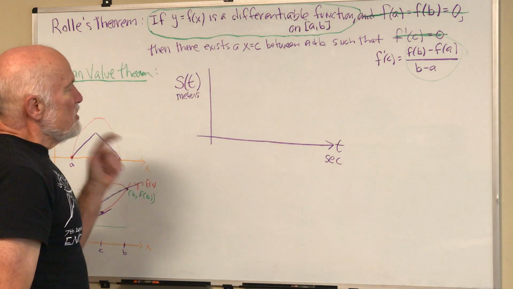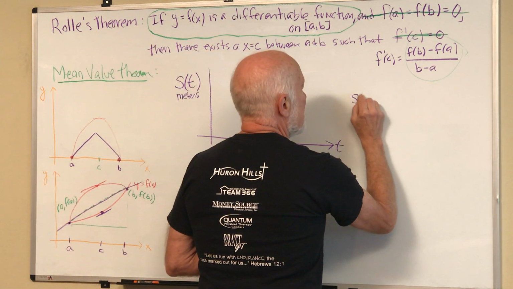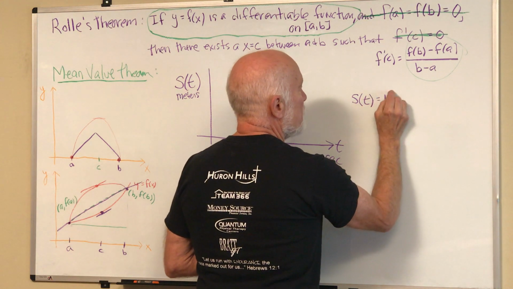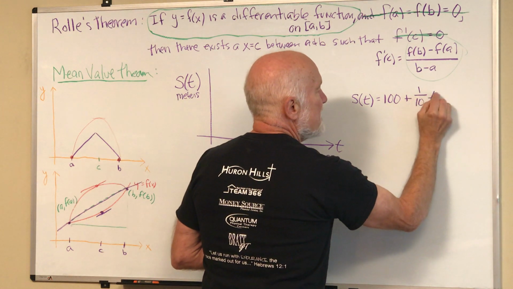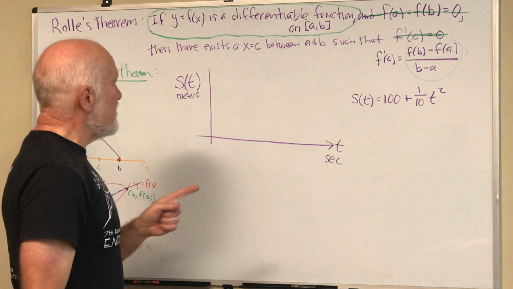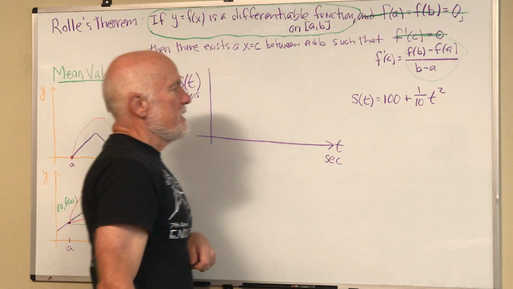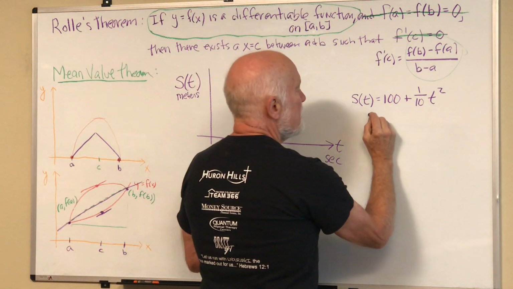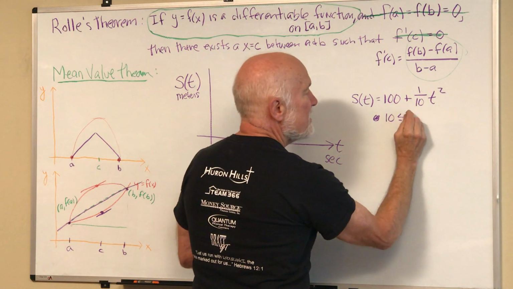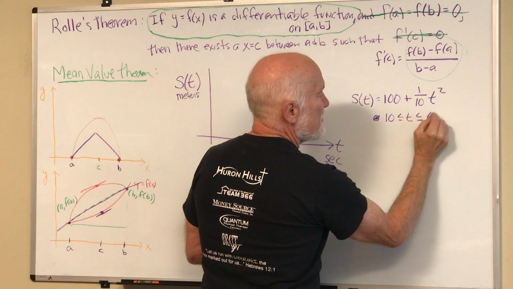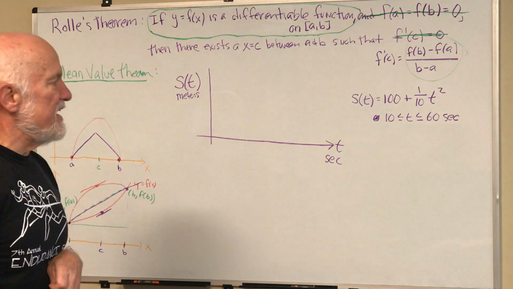And you had the function that described this movement: s of t equals 100 plus 1/10 t squared, where s is in meters and t is in seconds. This would give you the position. And say your trip was from 10 seconds to 60 seconds. So that was the domain of that trip.